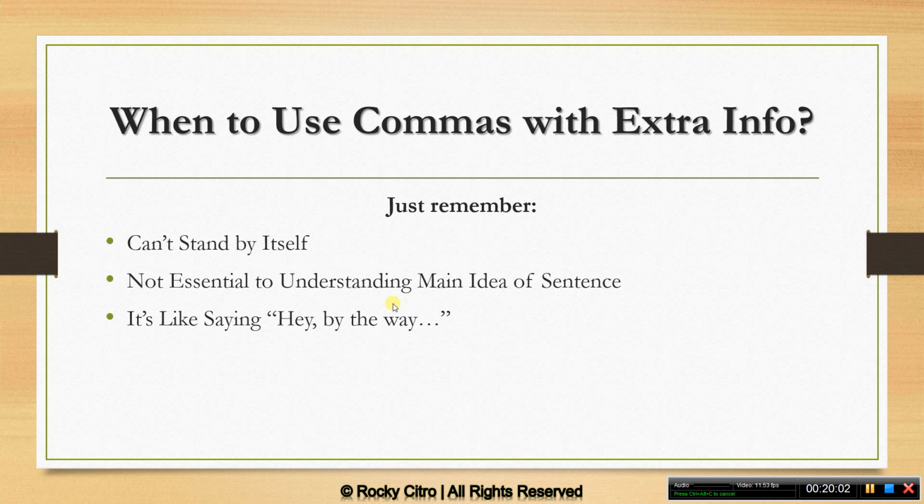Basically, if you can say, hey, by the way, before the extra information that you're adding in, then it's a clue that you're adding in something extra and not essential. So with all of those examples that we saw, you could say, hey, by the way, my husband's name is Tom. Well, we know that it's extra information, so you would have to use commas there. Not a perfect guideline, but it might help you out in some cases if you're trying to decide.